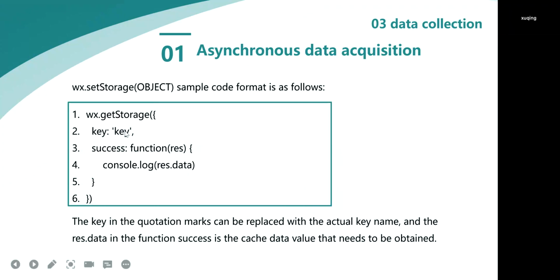The key in the quotation marks can be replaced with the actual key name, and the data in the success function is the cache data value that needs to be obtained. This is for the asynchronous data acquisition.